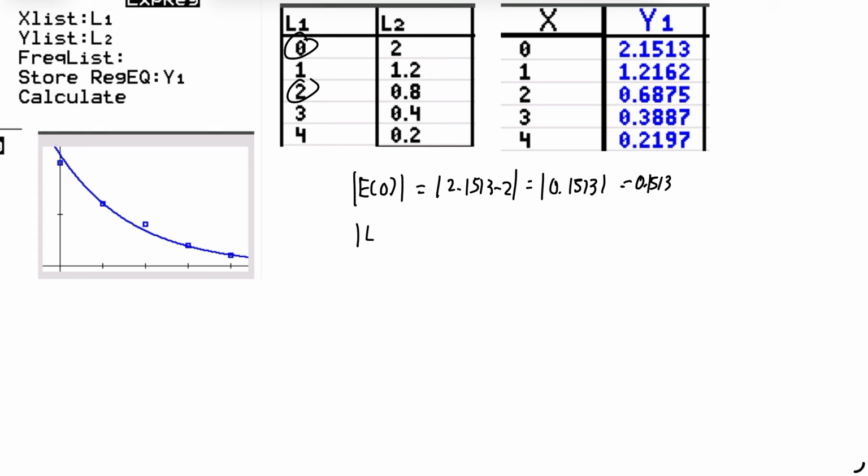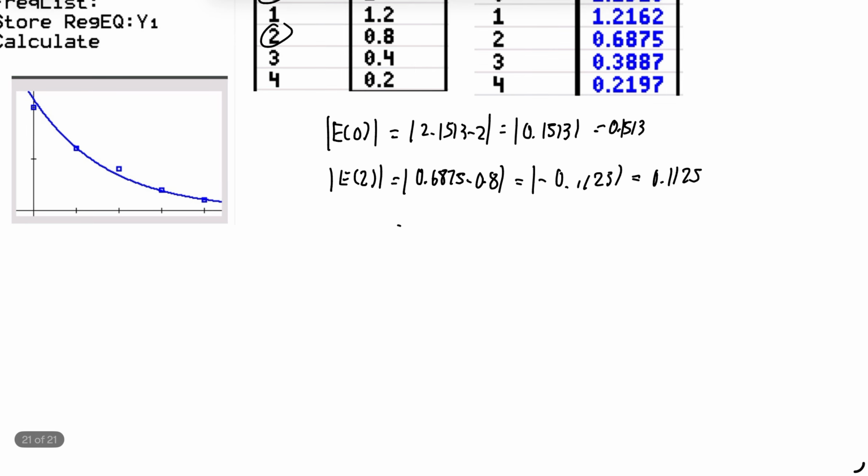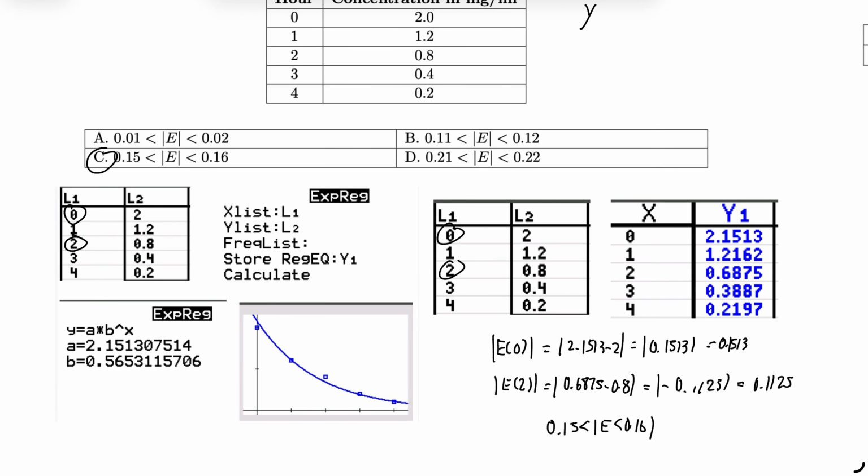Then E of 2 is the absolute value of 0.6875 minus 0.8, which is the absolute value of negative 0.1125, and that is equal to 0.1125. So our largest error is going to be between 0.15 and 0.16. So we can see that our answer is going to be option C.